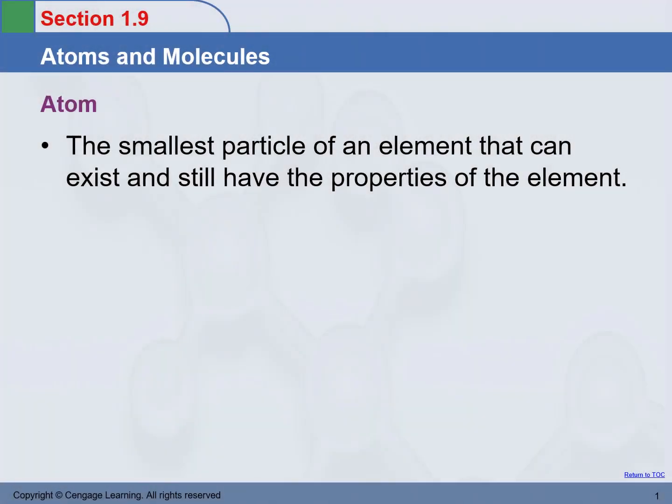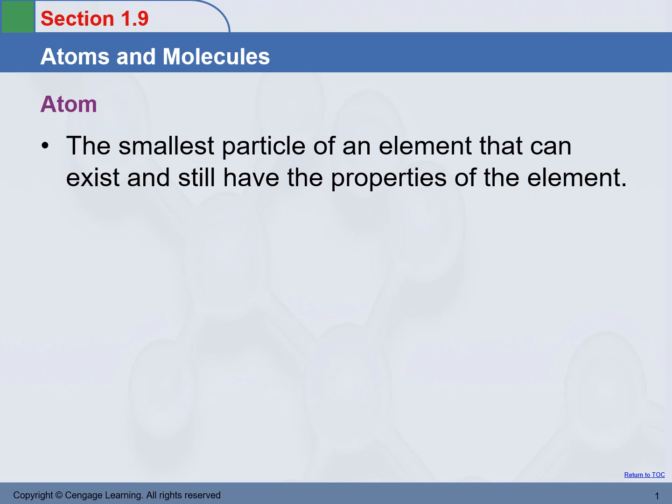In this lecture, we're going to talk about the two most basic kinds of particles in chemistry, atoms and molecules. Atoms are the smallest particles of an element that can exist and still have the properties of the element. Atoms are not the smallest particles.